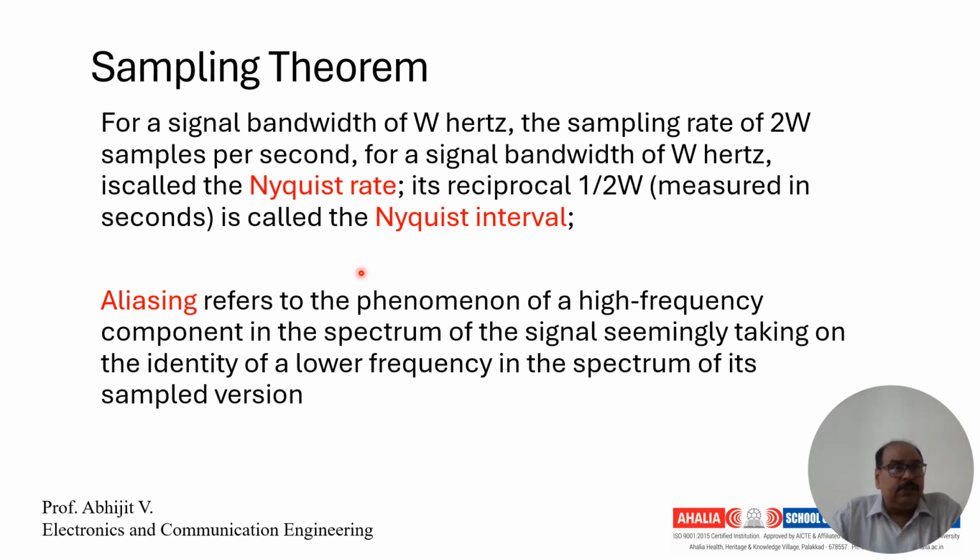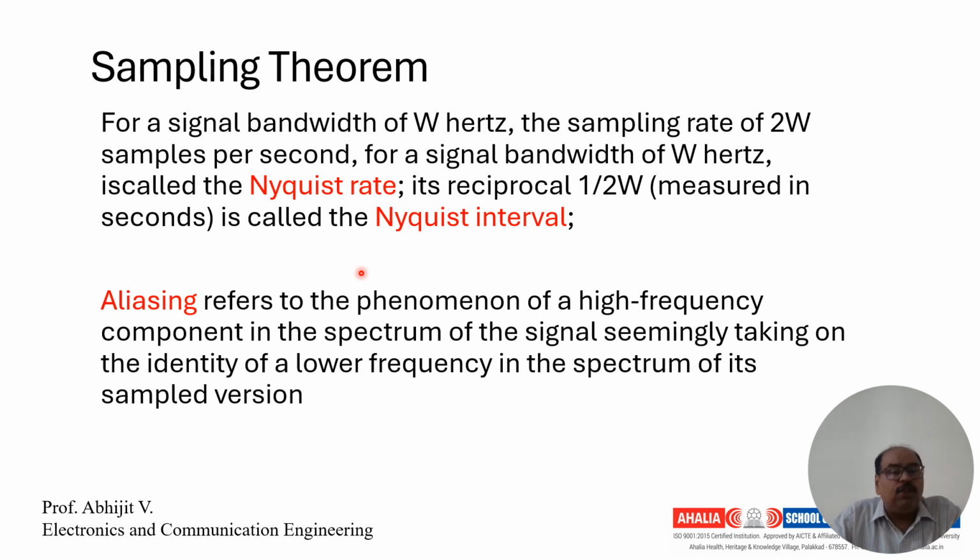So let's see certain definitions with respect to the Nyquist theorem. For any signal of bandwidth W hertz, a sampling rate of 2W samples per second is required, and this rate is called the Nyquist rate.